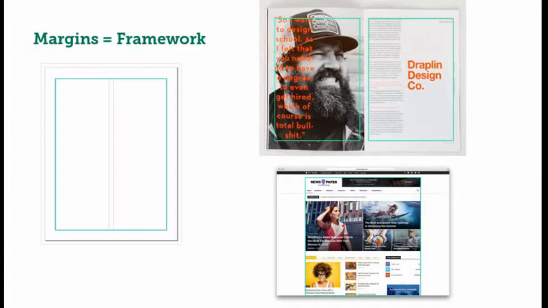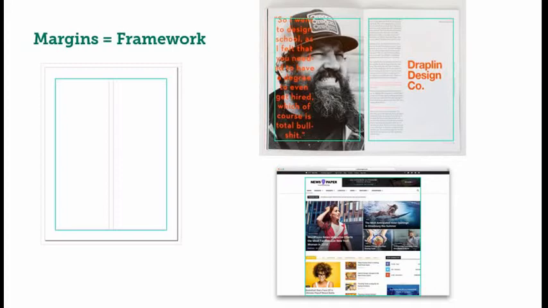So we already said at the beginning of the lecture that these margins are both functional and aesthetic, and they are the area between the main content and the edge of the page. And you as designer will define how closely the text and images will approach the edge of the page by defining your margins. So here's just 2 more examples of a print and a web application that are using margins.